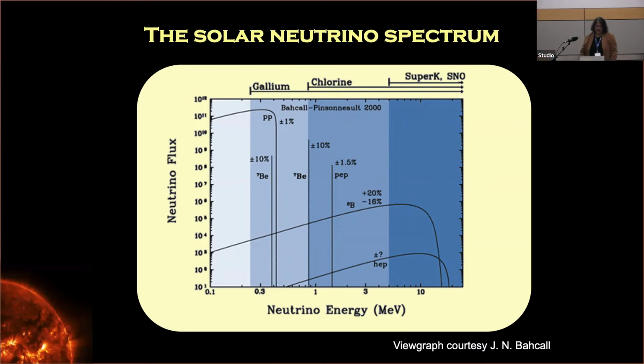Different neutrinos come from different reactions, and this is basically telling you the neutrino flux. Say this is from the PP reaction. This is, sorry, I can't see this with my glasses, boron 8 and the HEP reaction. And the different shades of blue are which of the several solar neutrino observatories can actually detect those neutrinos.